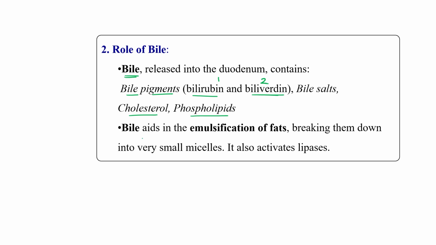Bile helps in the emulsification of fat, meaning breaking down of fat into very small micelle form. This bile also activates the lipase enzyme. So we can say bile helps in the digestion of fat.